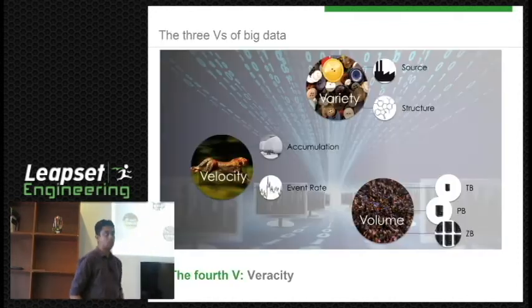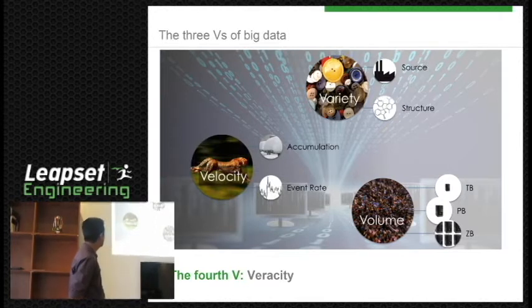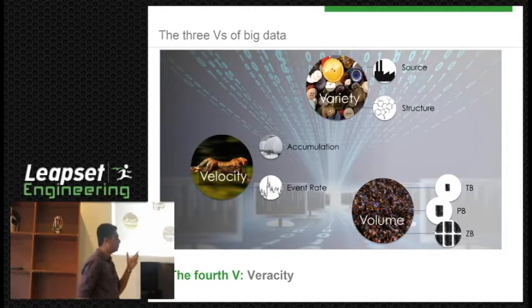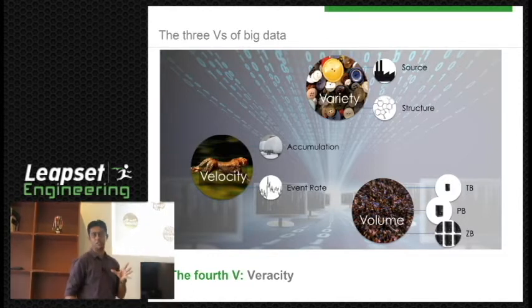Back in 2001, Gartner came up with a 3 V's model to describe big data: volume, velocity, and variety, right? Volume means you are dealing with so much data, like terabytes, petabytes, and zettabytes of data.